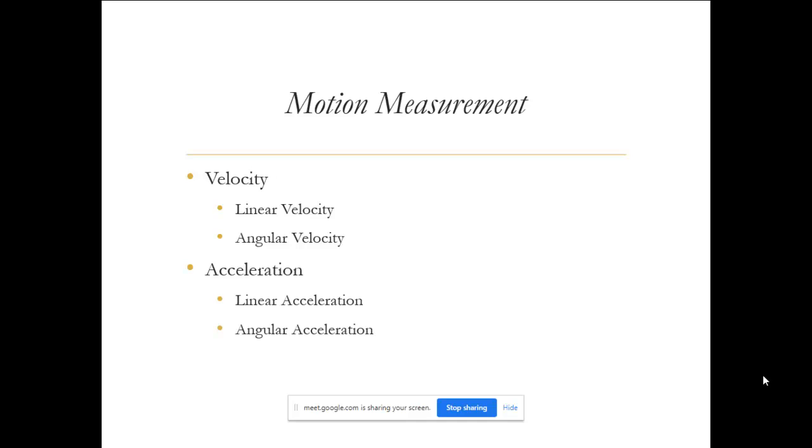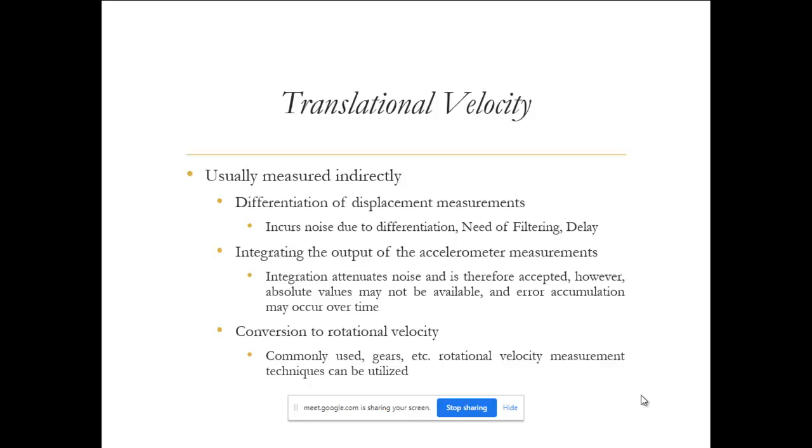So obviously in this also we do have the linear velocity and the angular velocity, similar to what we have in the displacement, and then the linear acceleration and the angular acceleration. So we call it translational or the linear velocity.